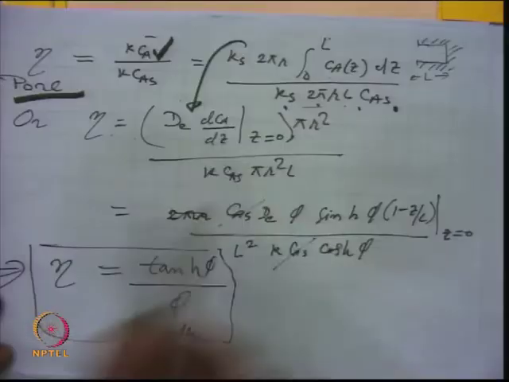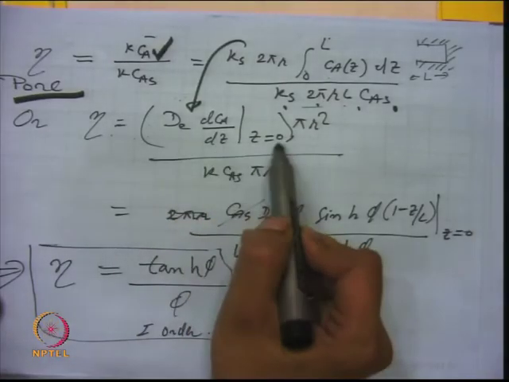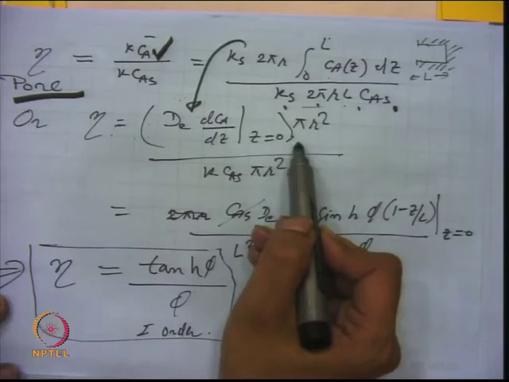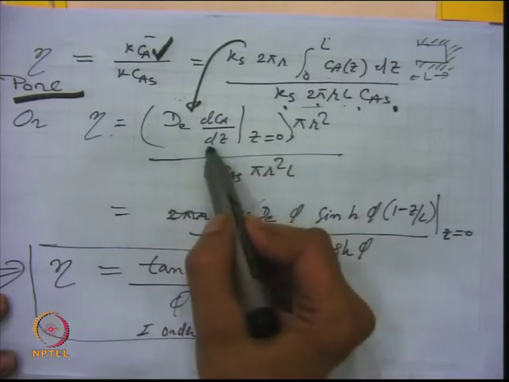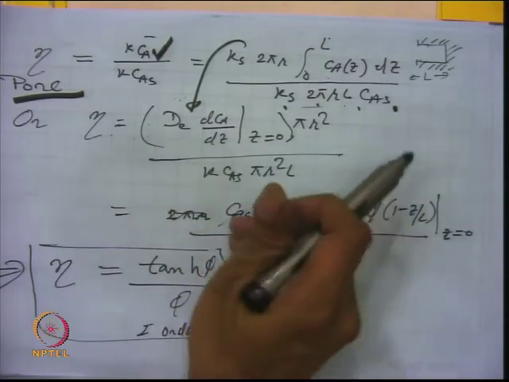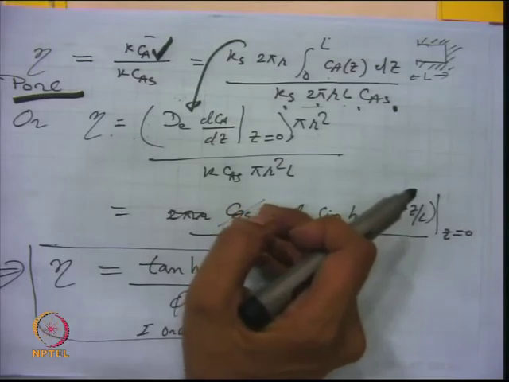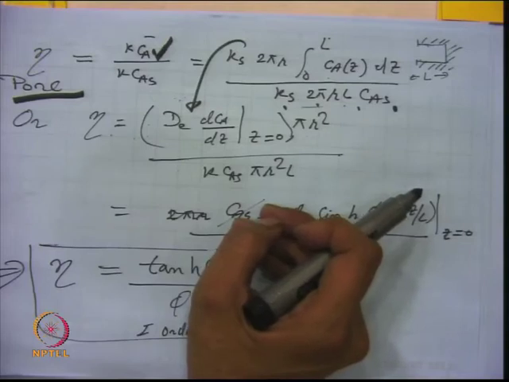So instead of doing this, one can just evaluate dCA by dZ at Z equal to 0, which is your pore mouth, because whatever moles diffuse in at this condition, the same moles will go inside and react. At steady state there is no accumulation of reactant species in the pore of a catalyst.